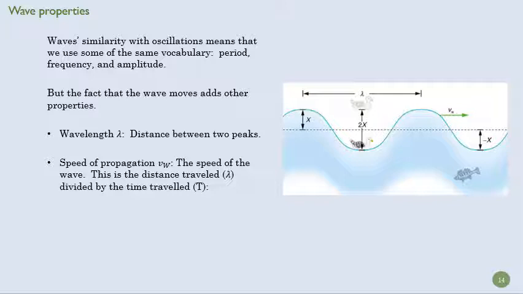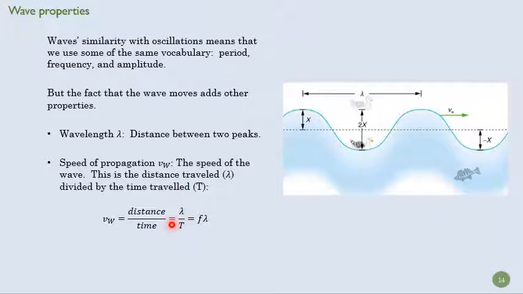Now we can think about that using some of our terms, right? So we have a wavelength. So speed is always distance over time, right? So our distance here is our wavelength, and the time traveled is t. And so we can find our speed of propagation as the wavelength over time.